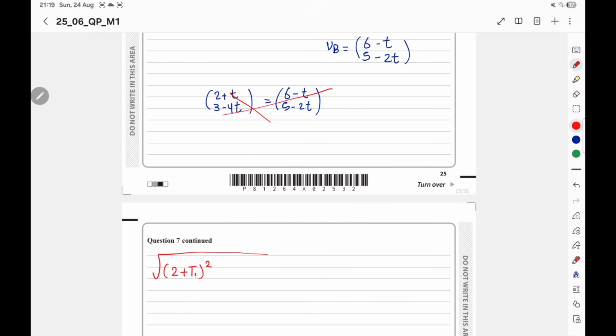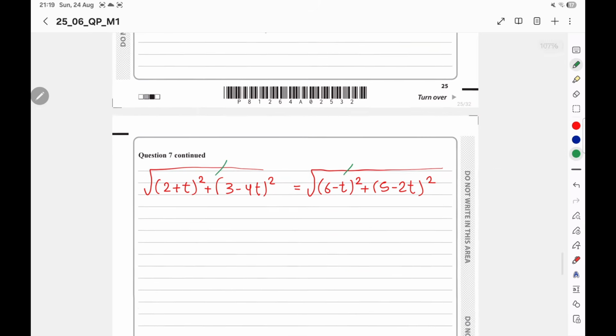So I can say root of bracket 2 plus t squared, the time is t1. He wants us to calculate t1 or keep it t, no problem. Plus 3 minus 4t squared. This is the speed of A, equal to the speed of B: root of 6 minus t squared plus bracket 5 minus 2t squared.